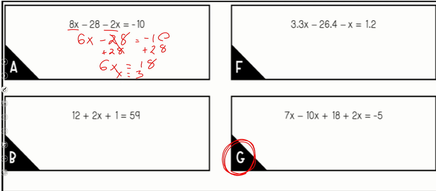Mason, what you got? I was gonna ask. You got a question? Ford, you got? X equals 23.